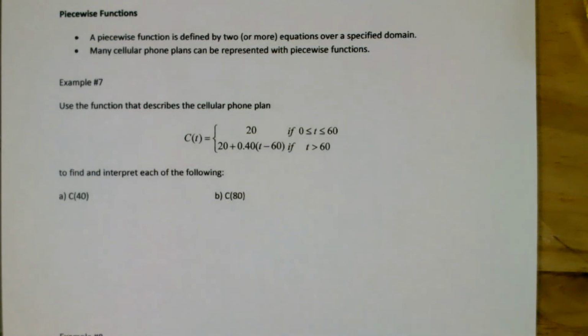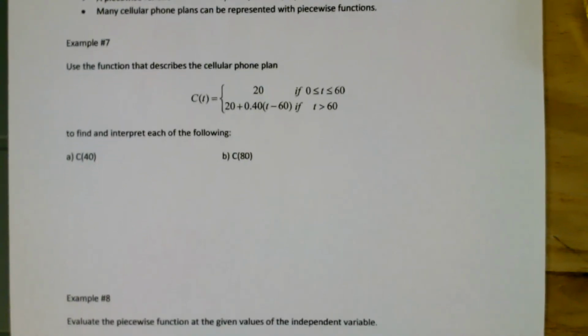Interpreted in words, a cell phone plan like this would be $20 for the first 60 minutes plus 40 cents for each additional minute. So in these two examples, we're going to use that to interpret each of the following.